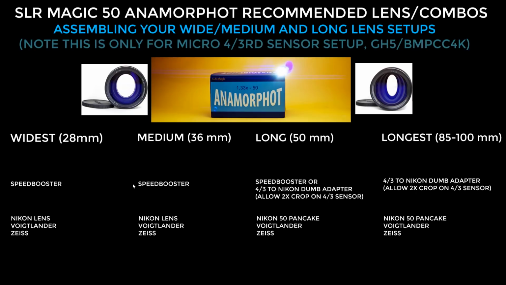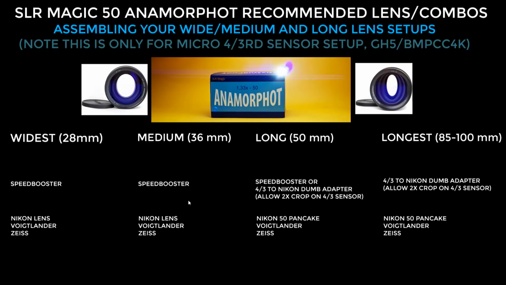Through the recommendation from people that have used this, for the widest, you can use speed boosters with Nikon lenses, Voigtlander, Zeiss. You can use pancake lenses as well. Specifically, I think it's the pancake f/2.8 Lumix 14 millimeter, which equates to about 28 millimeter after the crop factor.